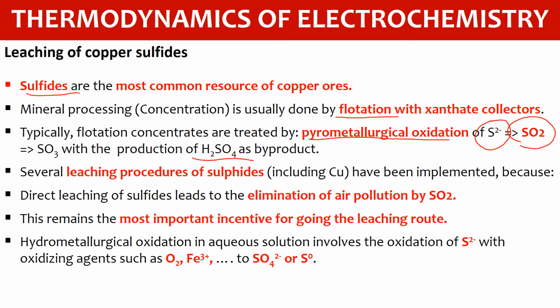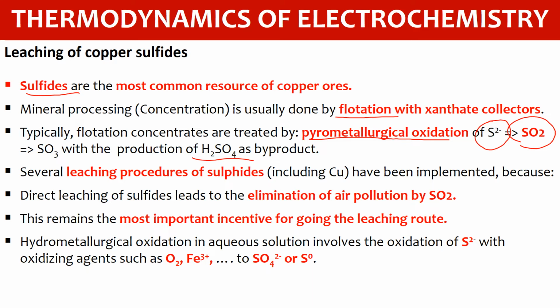This is the environmental issue: pyrometallurgical processing produces toxic SO2 gas. However, as the technology has improved in recent years, the scrubbing systems, or cleaning systems, of pyrometallurgy are very efficient these days, such that very little or no SO2 is released into the system.